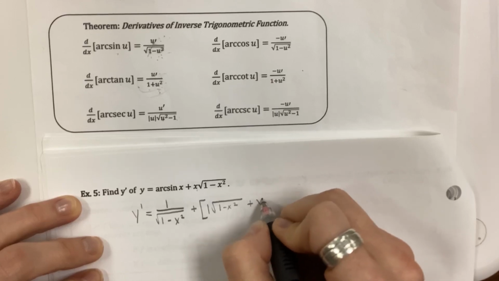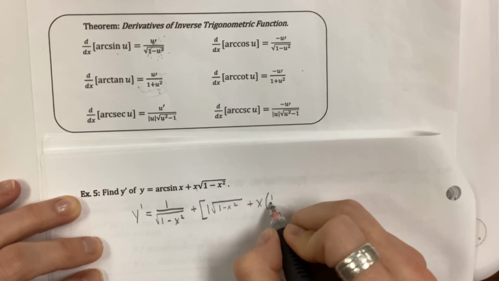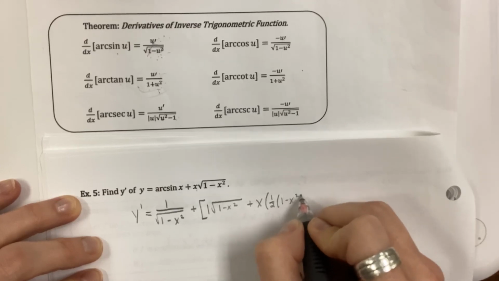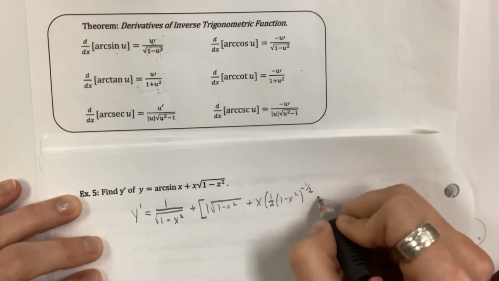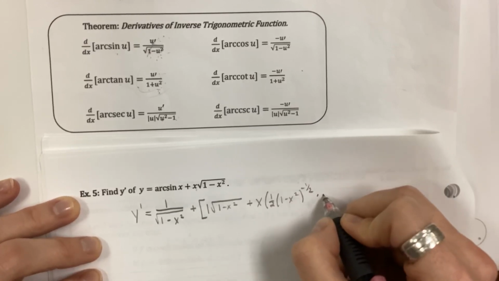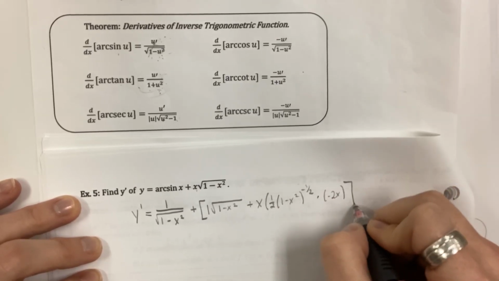Add it, leave the x. And the derivative of the square root is 1/2, 1 minus x squared to the negative half, times the inside, which is just going to be a negative 2x. Watch your parentheses so it doesn't look like you're subtracting.